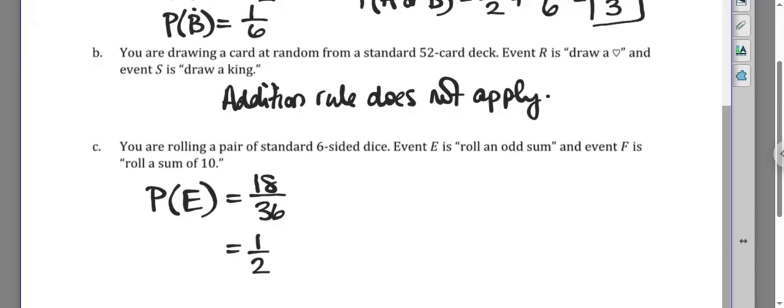There are 3 events that have a sum of 10. You can get a 4 and a 6. You could get a 6 and a 4, or you could get 2 5s. So the probability of F is 3 out of 36, which is 1/12.